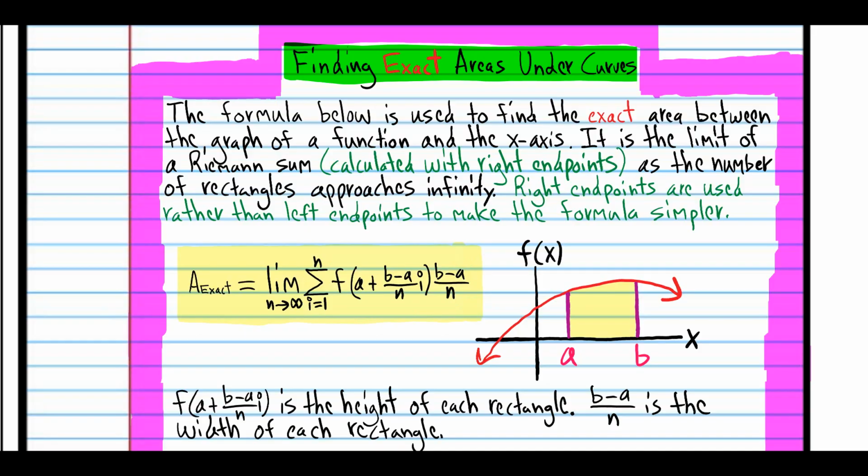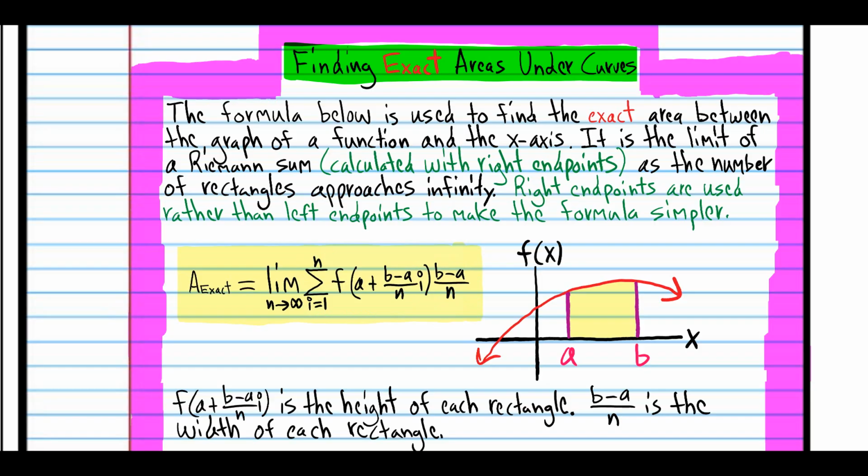But if we want to find the exact area, we have to not only do this blue part, we also have to do this purple part here. We have to add that. So when we find the limit as n approaches infinity, that's the exact area.